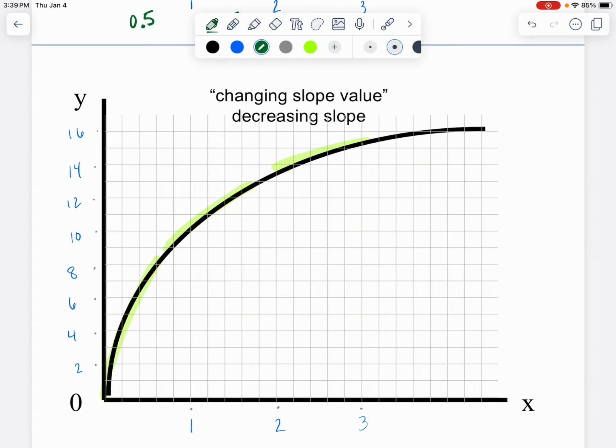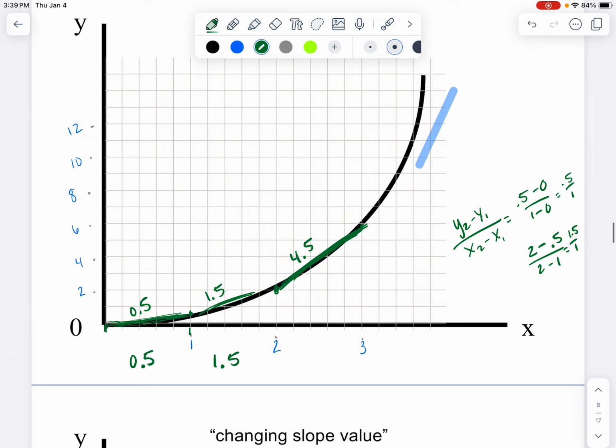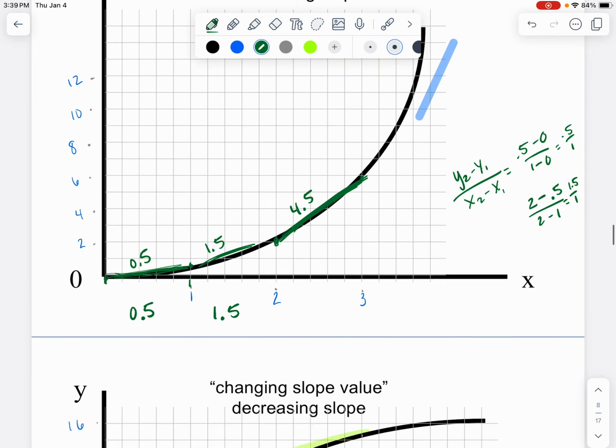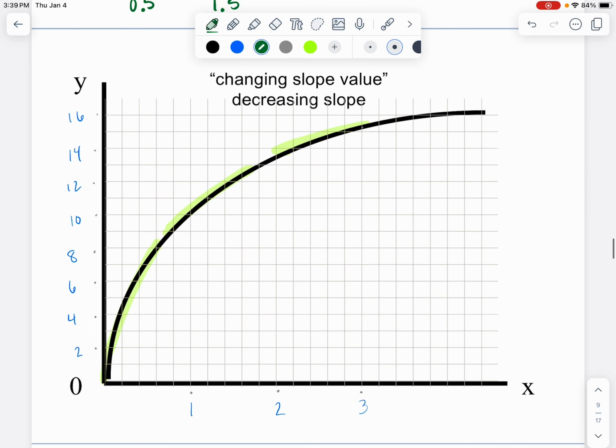And then if we look at this graph here, it's the same idea. You might be able to visually see that the steeper my slope was, the greater my slope value, or maybe we already know that from math class. So if we look here, we might say that we started off steep and then it kind of flattened out. Or maybe you are a person that needs to put those numbers in. Go ahead and do that slope formula, plug numbers in from the graph.